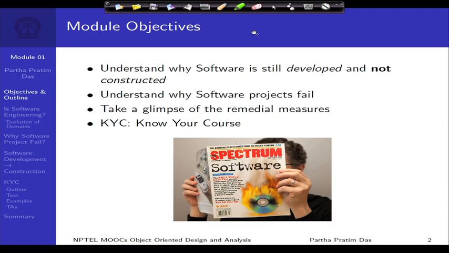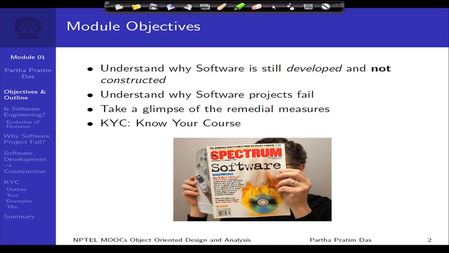So, the specific objectives would be to understand why software is still developed and not constructed. Please note these two words, development and construction. If you delve into any field of engineering other than software, then you will typically find that the word used to define the activity, to define the product, is construction.